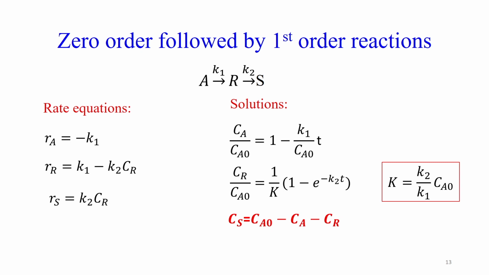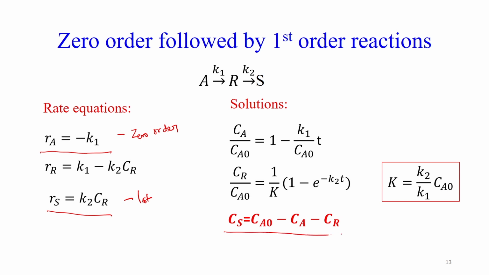Another aspect may be we can consider the first step as a zero order and second step as a first order. So, for the zero order RA will be minus K1 and this RS will be K2 into Cr. This is the first order, and here we are considering a zero order, and then accordingly we can solve them.